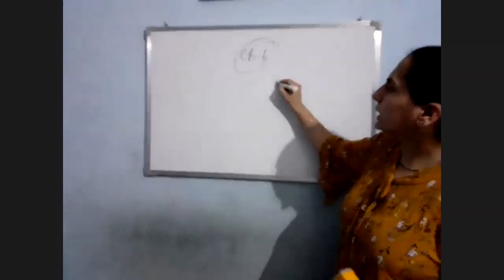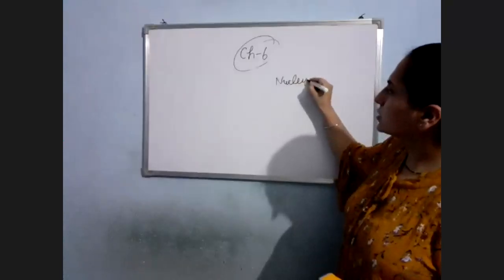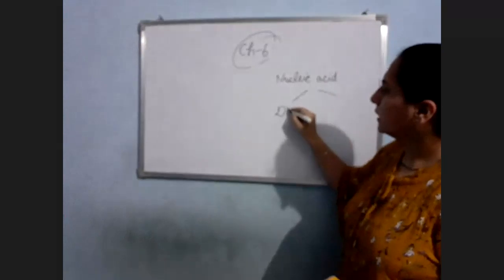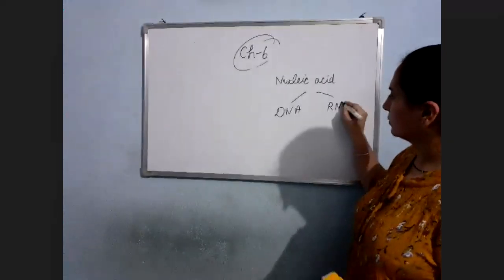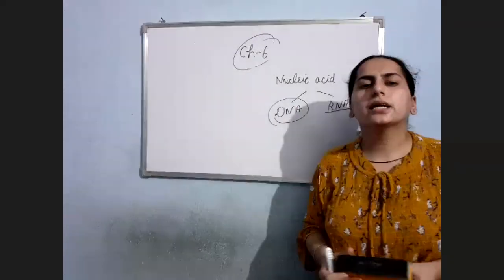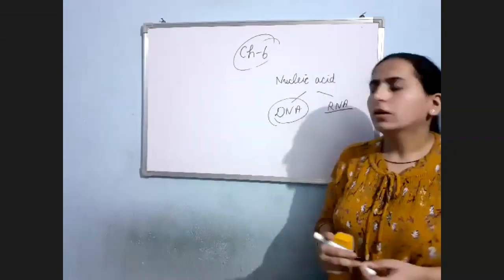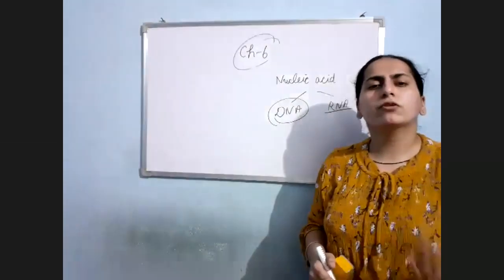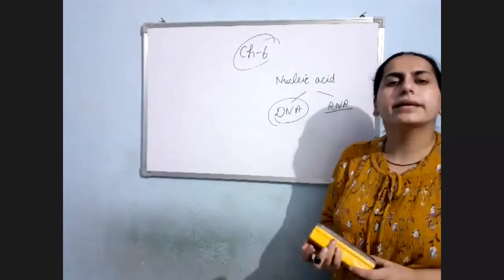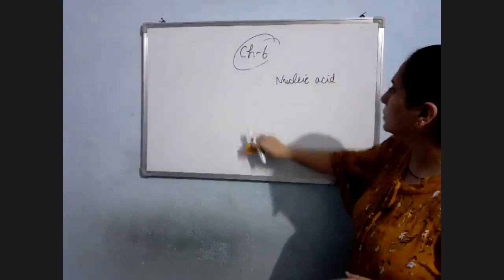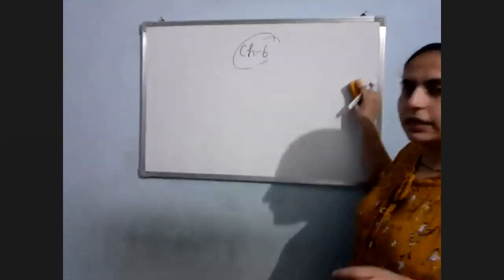Now this nucleic acid is of two types, DNA and RNA. DNA is the genetic material in most of the organisms. No doubt RNA is genetic material in a few organisms, in a few viruses, but generally DNA is the genetic material. Now let us talk about the structure of DNA, that is quite important.